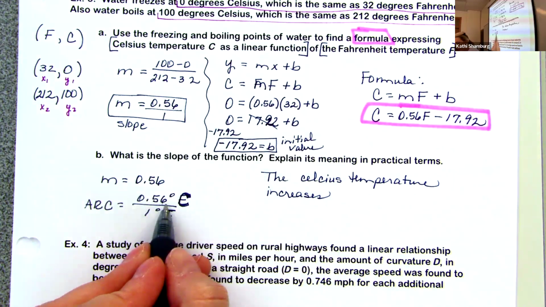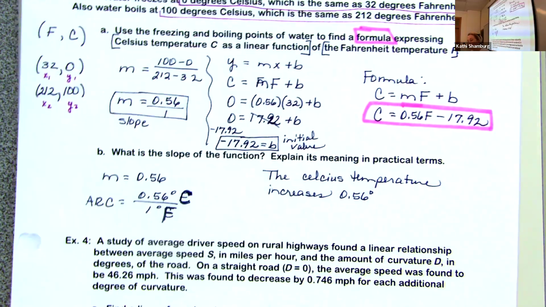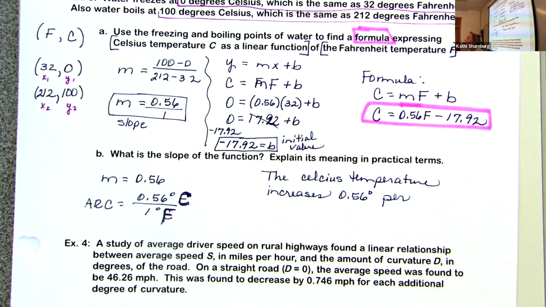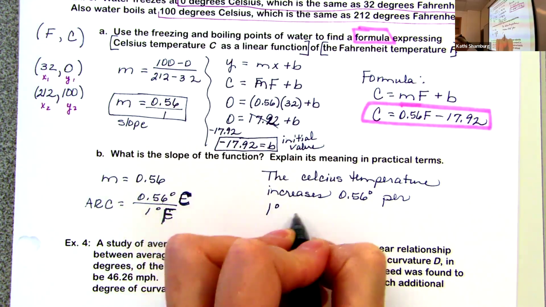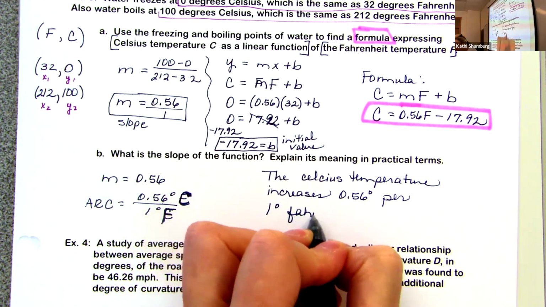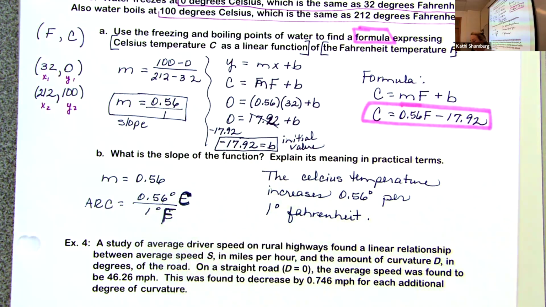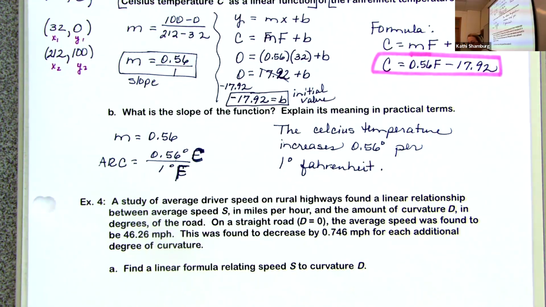We're going to say how much it increases, 0.56 degrees per what? 1 degree Fahrenheit. Okay. All right.